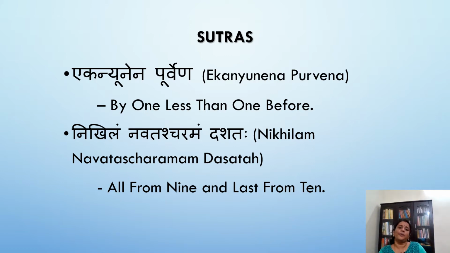By one less than the one before means you are going to reduce 1 from the previous number which is there. And all from 9 and last from 10 is a very similar subtraction methodology.